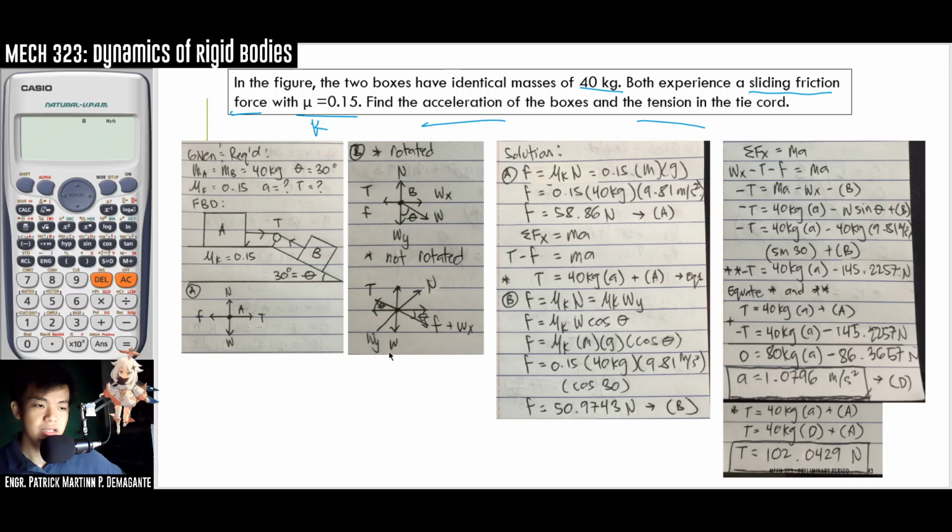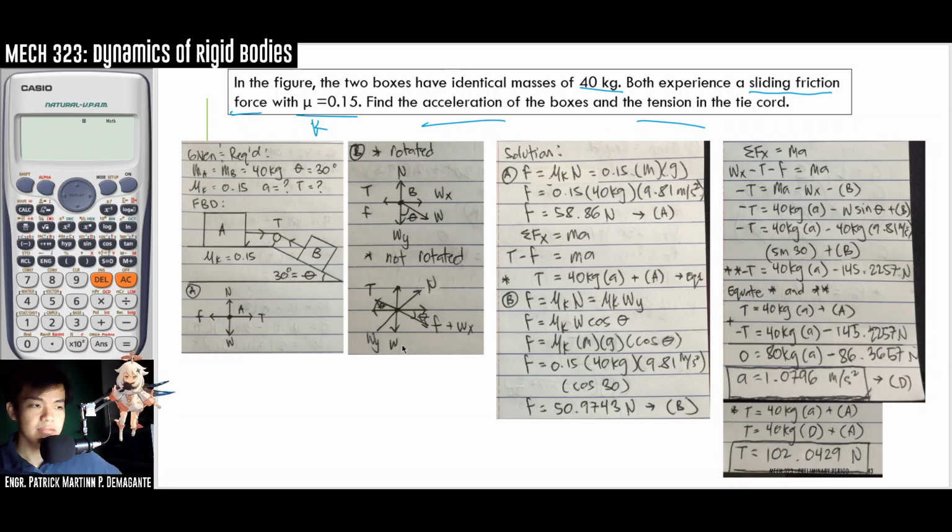Pag dito naman, ganun din, pero medyo complicated kasi siya minsan pag hindi ka nag-rotate. Pero depende naman sa diskarte mo. Or depende kung saan mo mas intindihan yung iyong FBD. Kaya sinasabi ko rin sa inyo, maraming possible ways mag-solve ng mechanics talaga.